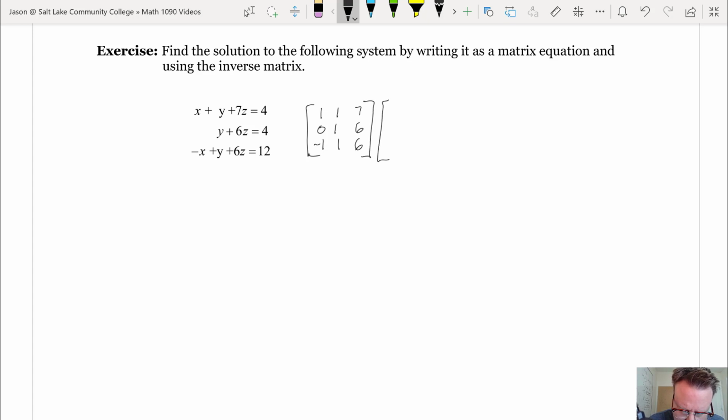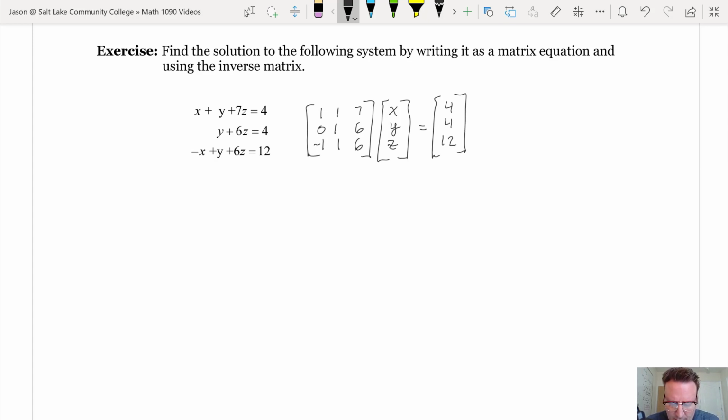That's my coefficient matrix. My variables are x, y, and z. And this should be set equal to the vector containing 4, 4, and 12.